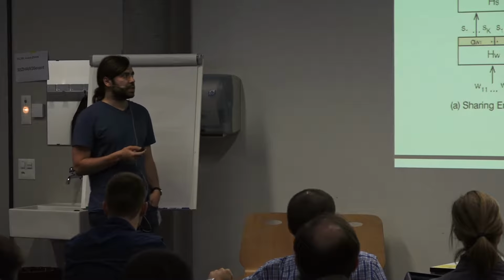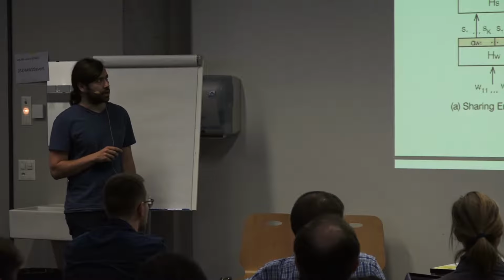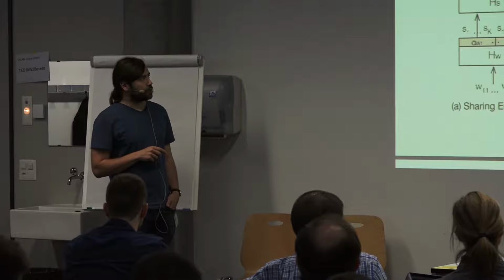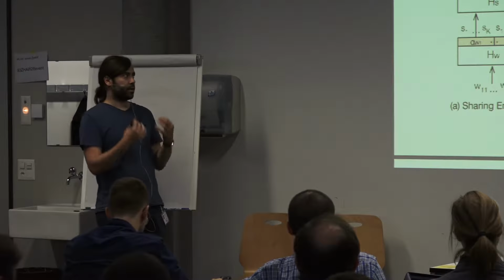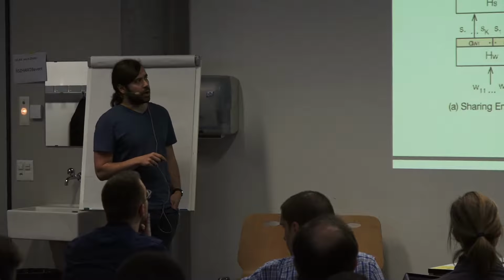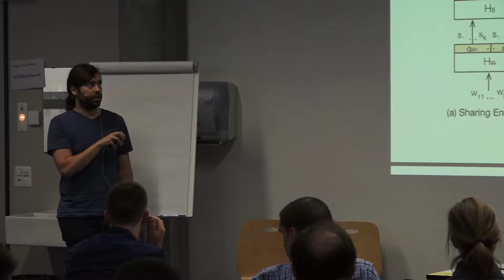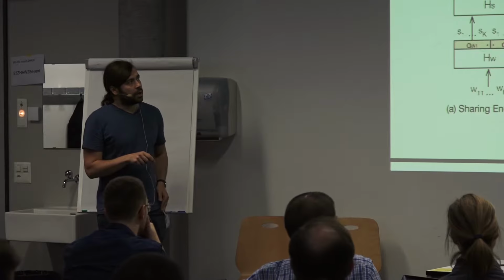We have this hierarchical network, which is trained in a multitask fashion on these arbitrary label sets. Essentially, we either share the encoders, so the features that are learned at every level, or we share the attention at each level as well, so it's shared across all languages.